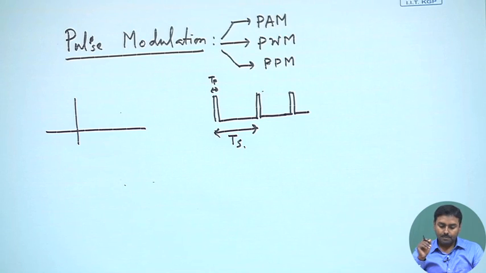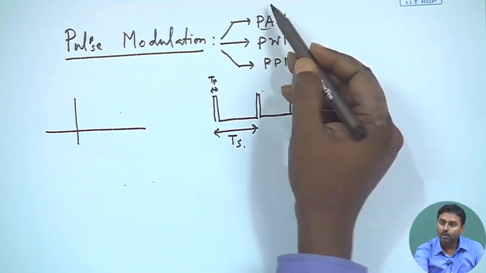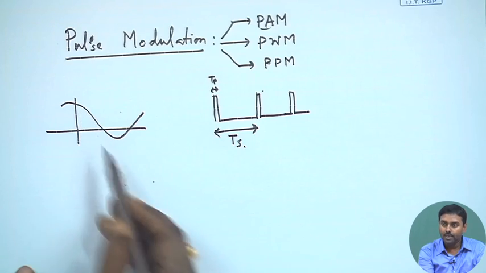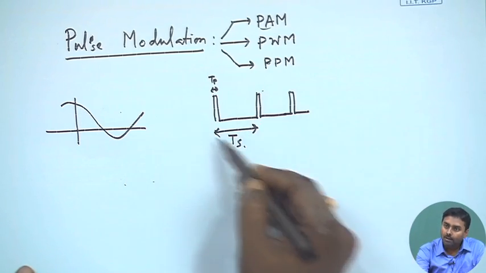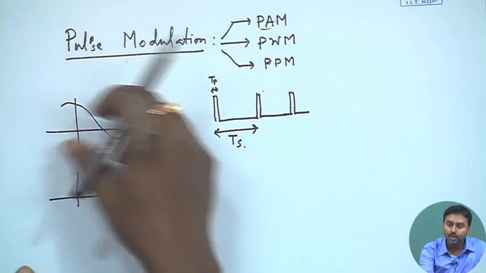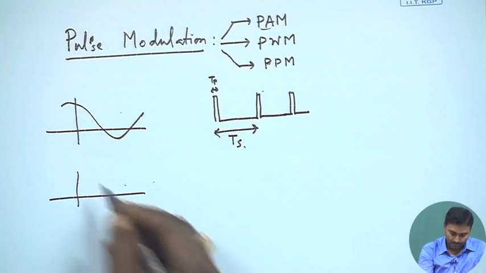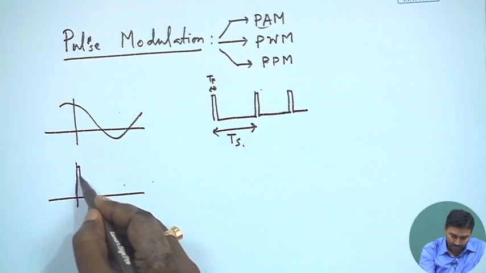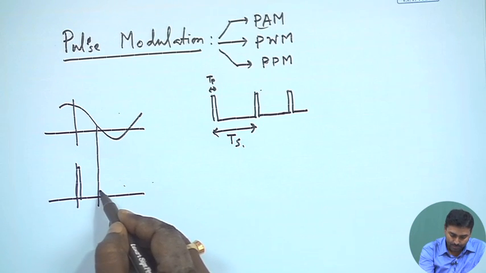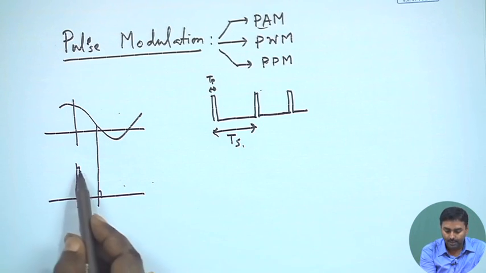And when we say pulse amplitude modulation, that means if I have a signal, this signal will be covered in the envelope of this pulse. That means the pulse amplitude will be modulated according to the signal. So, if I have a pulse over here, that will have higher amplitude. Next, if I have a pulse over here, that will have a smaller amplitude.